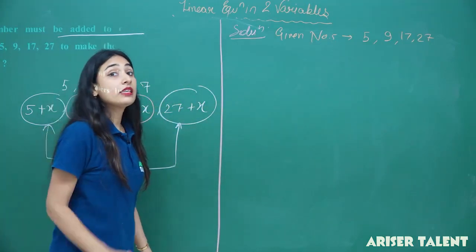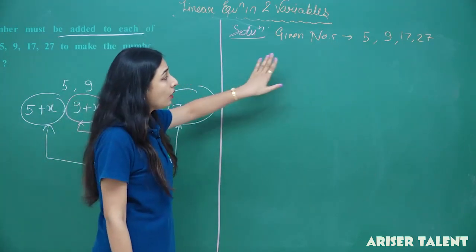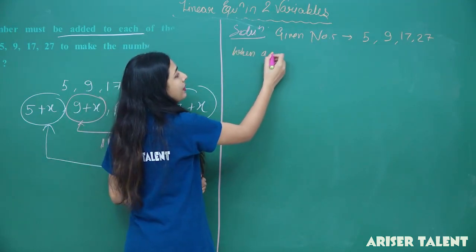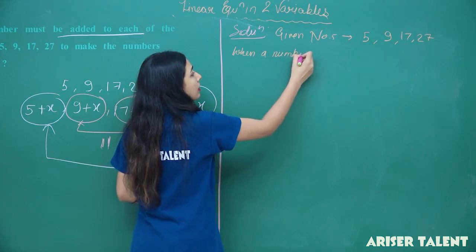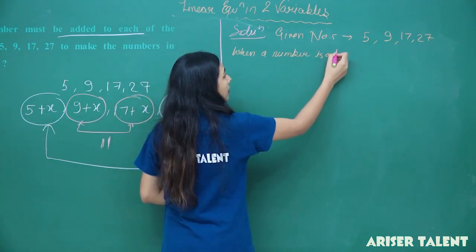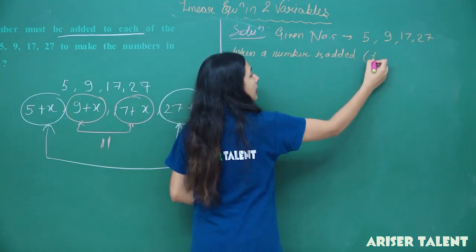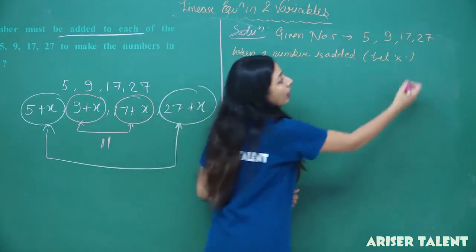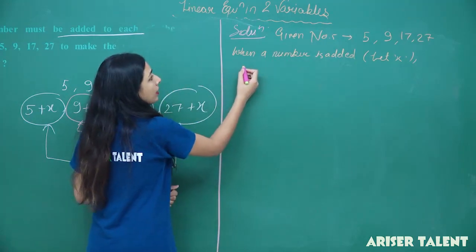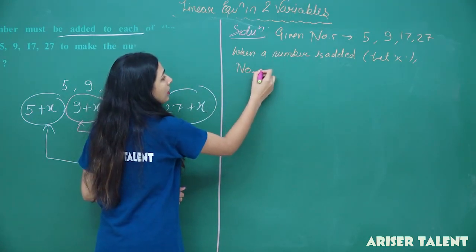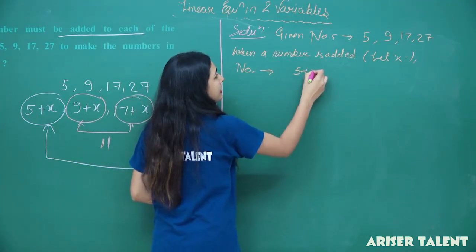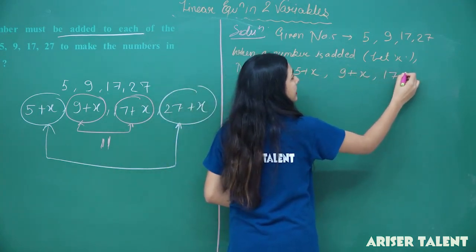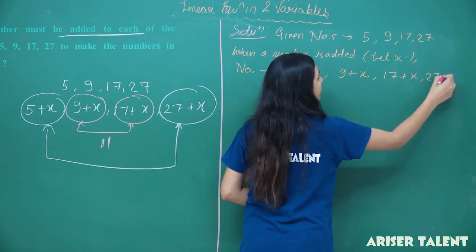These are the given numbers. Now, when a number is added, let x be the number. Numbers: 5 plus x, 9 plus x, 17 plus x, 27 plus x.